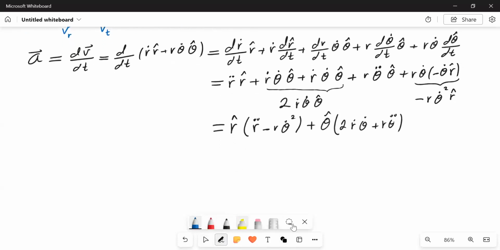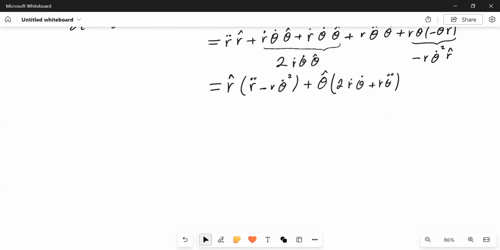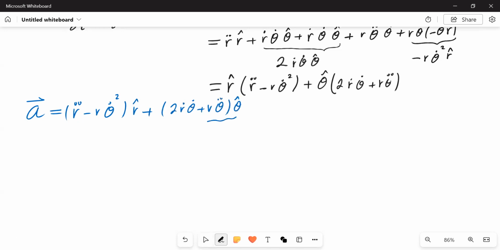So at the end of the day, the acceleration vector can be written in polar coordinates as follows. A would be r double dot minus r theta dot squared r hat plus 2r dot theta dot plus r theta double dot theta hat.